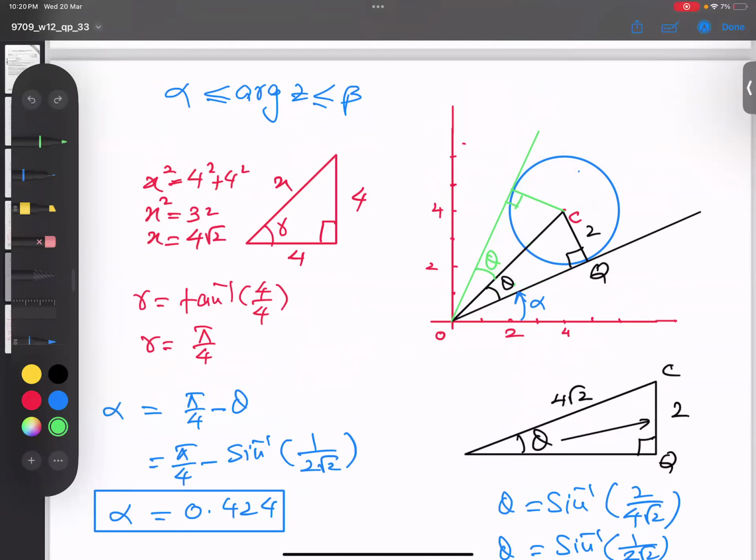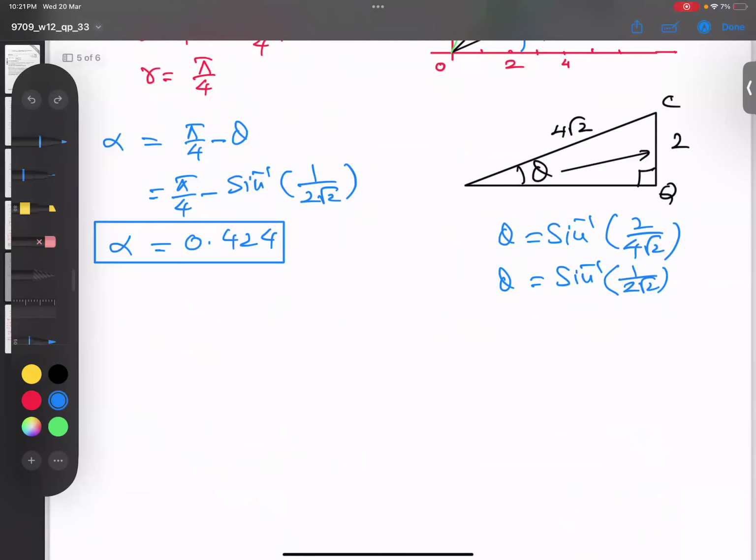If I make this green right-angled triangle, the full angle is pi by 4, and this is theta. So can I say this is pi by 4 here and this is theta? If I add them, I get the largest angle. So beta is called the largest: pi by 4 plus theta. Beta equals pi by 4 plus sine inverse of 1 over 2 root 2.